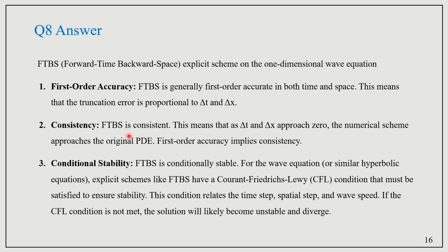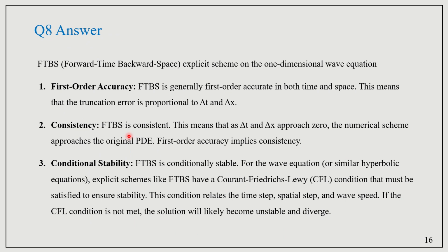But most of the explicit schemes are dependent: their solutions and stability depend on delta t and delta x. That is, it depends on the time step as well as the grid spacing. So FTBS is conditionally stable.